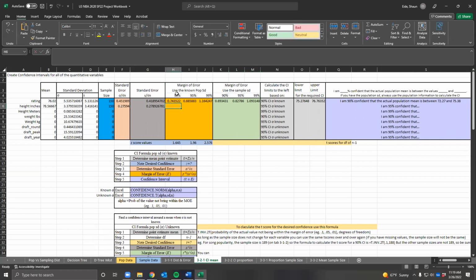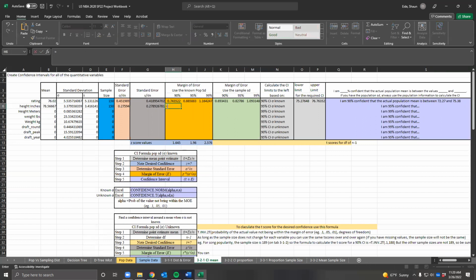Okay, so the way that we calculate the margin of error, we come down here, determine the mean point estimate, and note the desired level of confidence. So right down here, it's saying we want 90% confidence, 95% confidence, 99% confident, going all the way down. So we have 90% confident, which means that we're going to be using a z-score of 1.645.